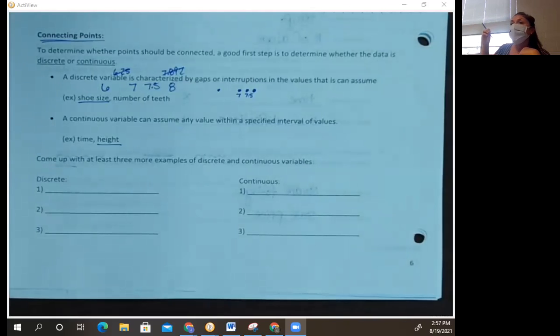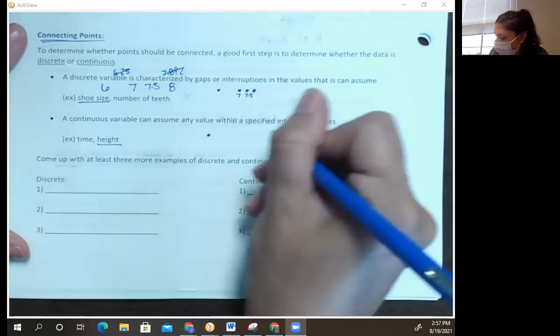Sure, right? Could I go down to 3 or 4 decimal places if I have a really sensitive measuring tool? Could I measure your height to a nanometer if I wanted to? Sure. Any value is okay. So that makes this a continuous variable.